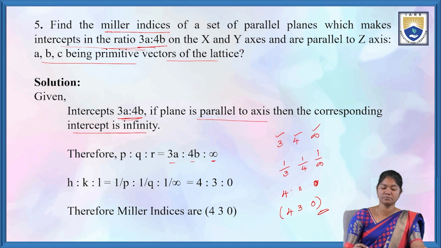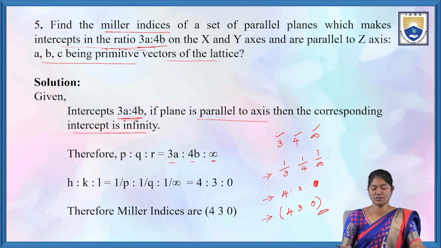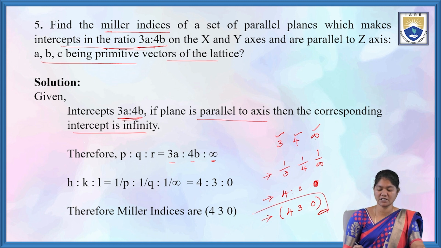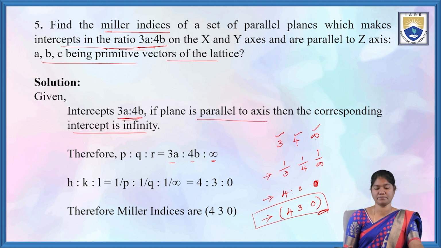So the multiples of a are 3, 4, infinity. Then in the second step we take the reciprocals, then convert into integers by doing the LCM, so 4, 3, 0. Then indicate with parentheses. So this gives the Miller indices of the given problem.